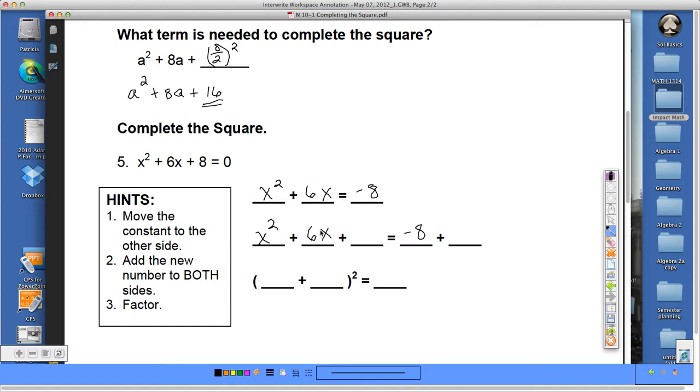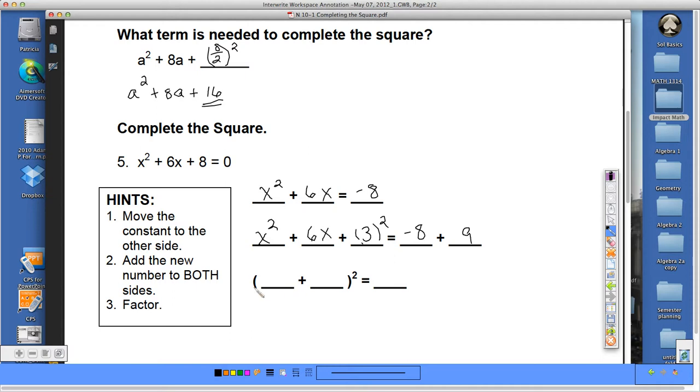So remember, you divide the middle term by 2, so it's 6 divided by 2 squared, which is 6 divided by 2 is 3. But the reason there's another blank over here is that what we add on one side we have to add on the other, or we've changed the equation. So we added a value of 9, 3 squared, so we're going to add a value of 9 over here.